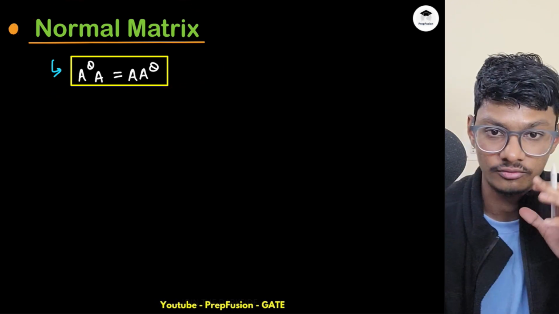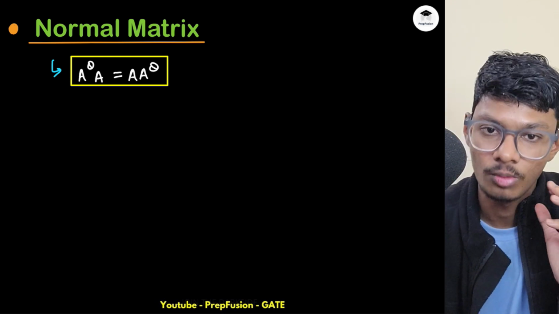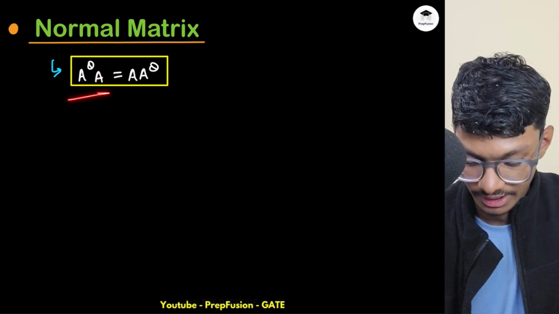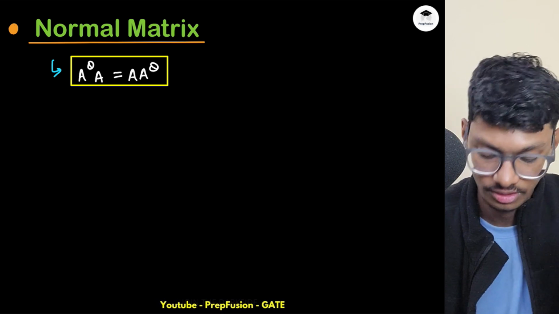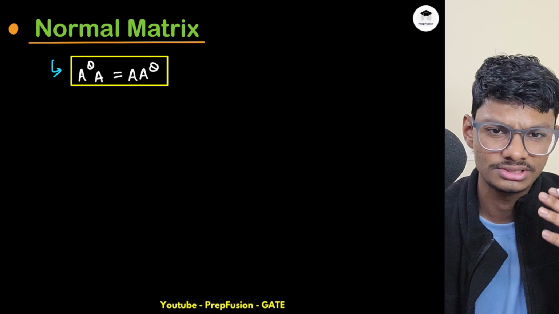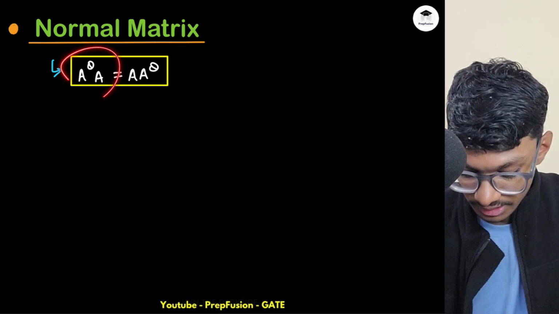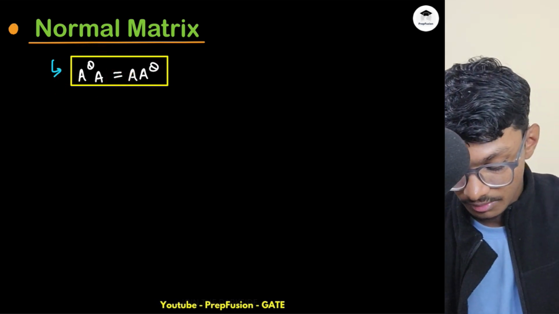I also forgot to tell you about normal matrices. So what are normal matrices? Normal matrices satisfy the condition where A conjugate transpose times A equals A times A conjugate transpose. You might say, sir, this is something similar, we have already learned this. Yes, you learned that this equals I, which was the condition for a unitary matrix.